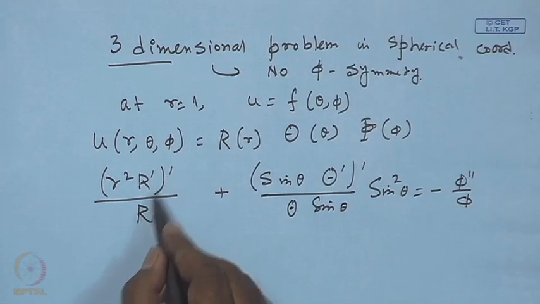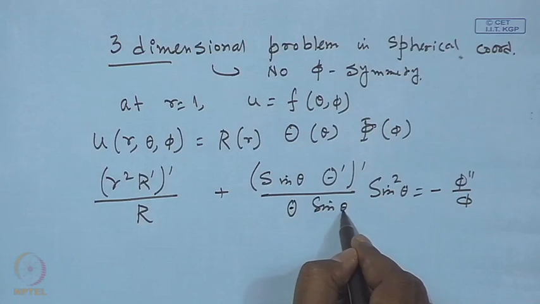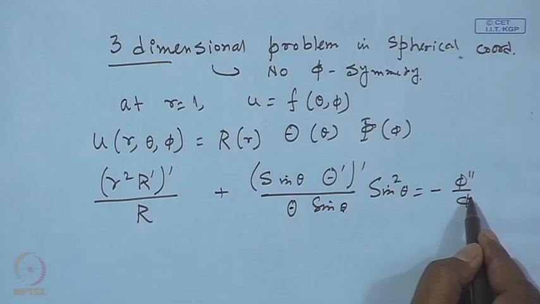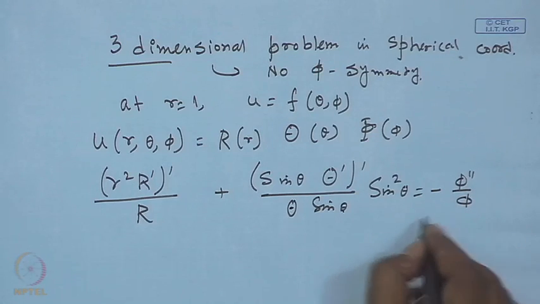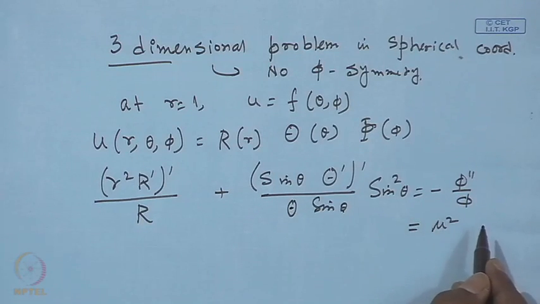Here the prime is with respect to small r, here the prime is with respect to small theta, here the double prime is differentiation with respect to small phi. Now, we put it as a constant. So, the left hand side is a function of r and theta only, right hand side is a function of phi. So, we put it as a constant.